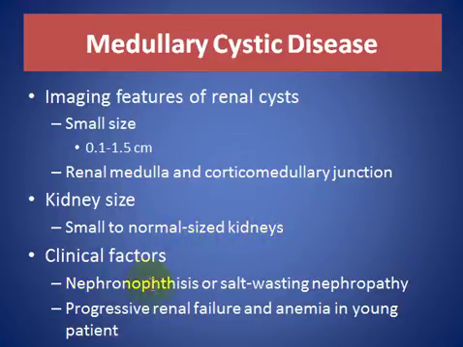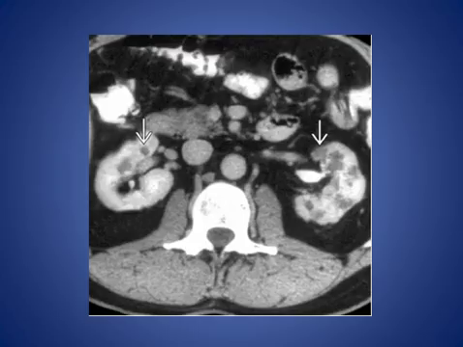Patient has nephronophthisis or salt-wasting nephropathy, progressive renal failure, and anemia in a young patient.